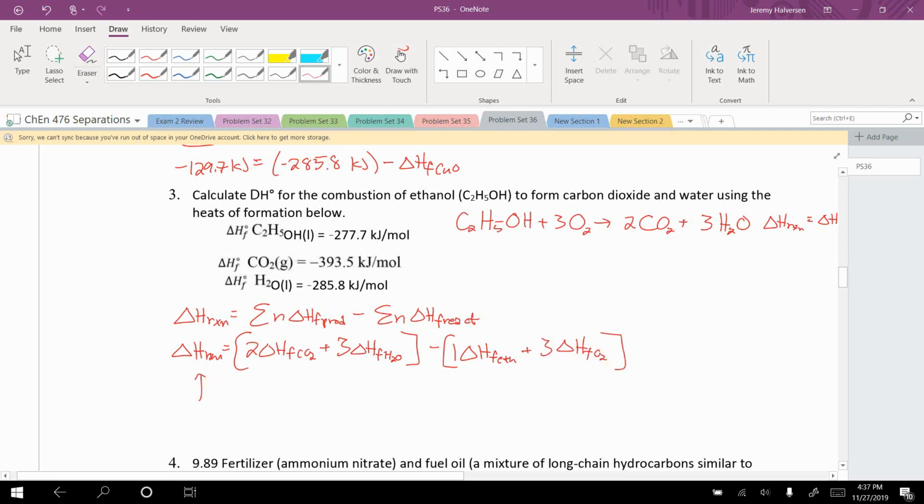Okay, I'm given delta H formation of ethanol, delta H formation of CO2 and water. I'm not given this one, but remember this is a pure element, O2, so that's just 0.